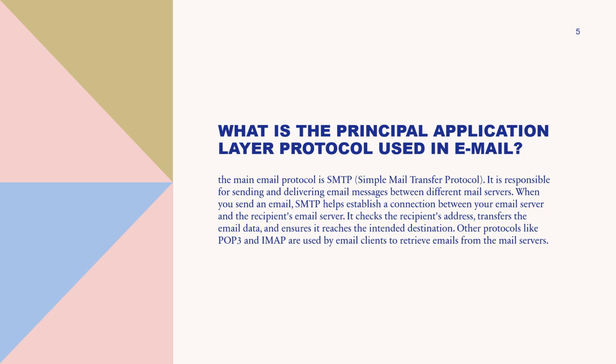It checks the receiver address, transfers the email data, and ensures it reaches the intended destination. Other protocols like POP3 and IMAP are used by email clients to retrieve email from the mail servers.